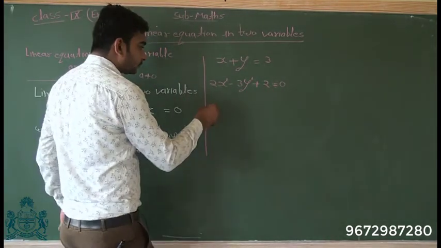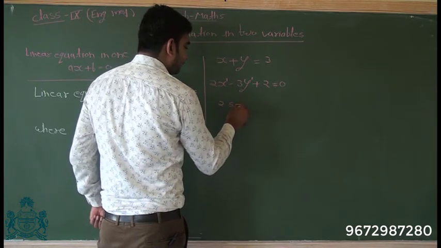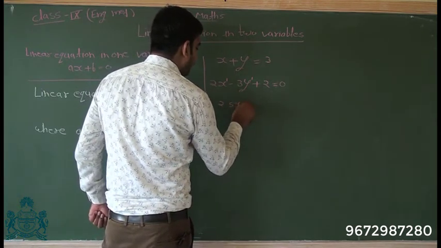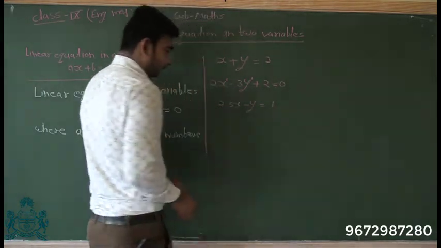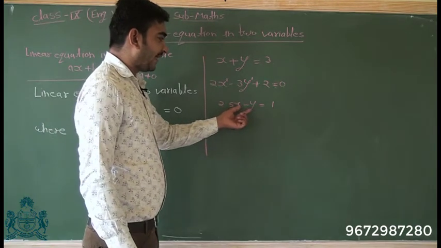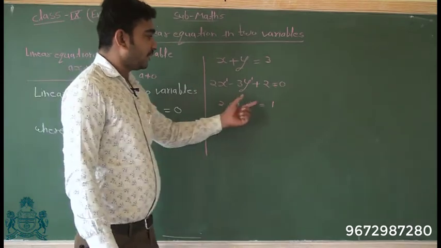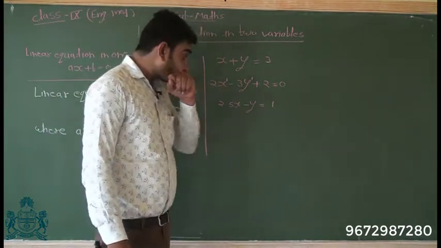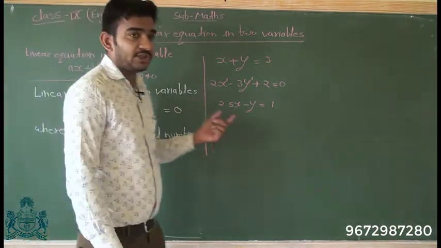And 2.5x minus y equal to 1 is also a linear equation in two variables. So the general form of a linear equation in two variables is ax plus by plus c equal to 0.